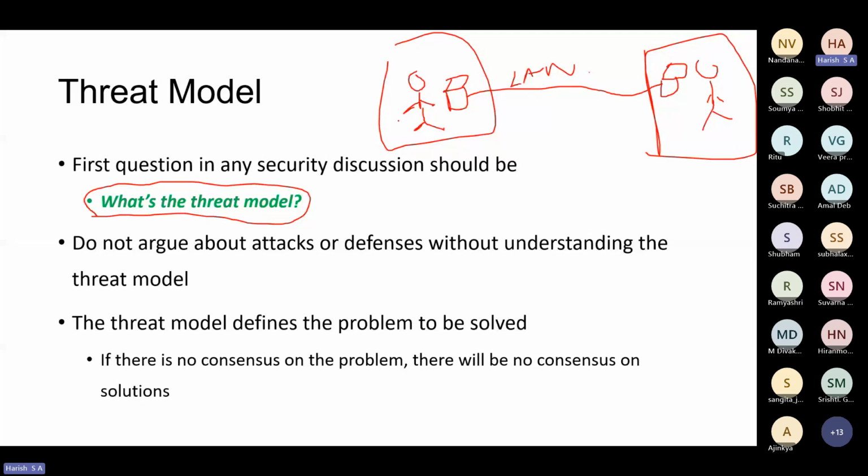I was explaining threat model with respect to a scenario, right? So this is you and this is your friend, and you are connected to each other with the help of a LAN, which is local area network, basically wired access.